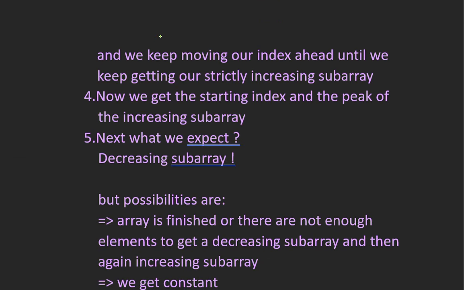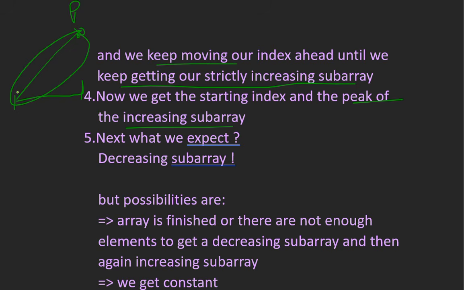Then we keep moving our index ahead until we get our strictly increasing subarray. Suppose we started from here and up to this index we get our increasing subarray. We can consider this as the peak of the increasing subarray.